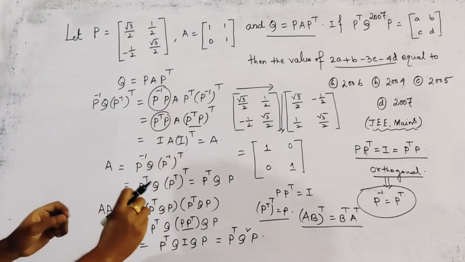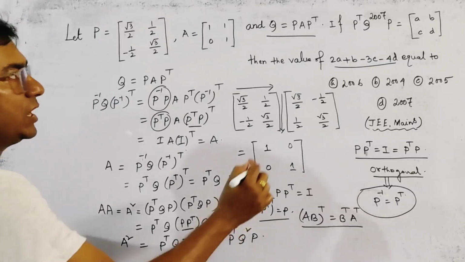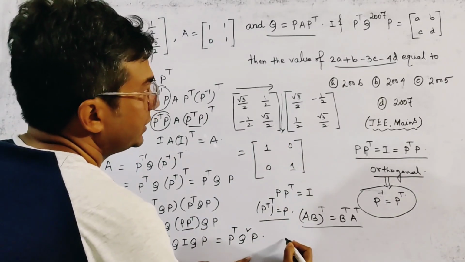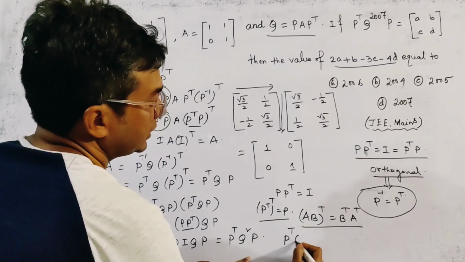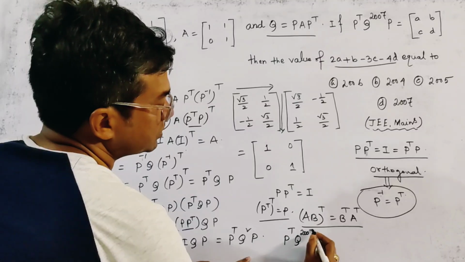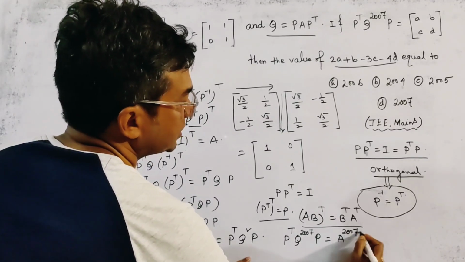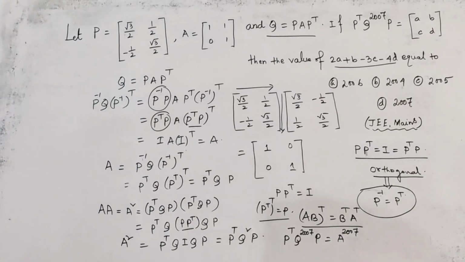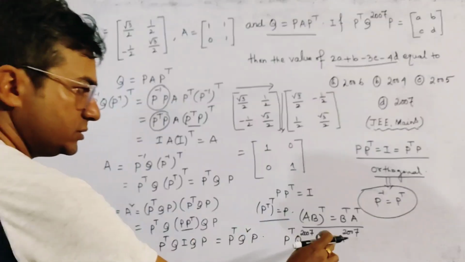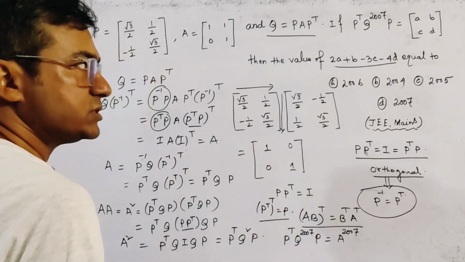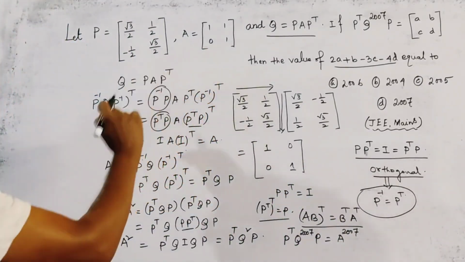By similar argument, we get our result: P transpose Q to the power 2007 into P is A to the power 2007. Right? Now, what is the value of A to the power 2007? Here A is this matrix, 1 1, 0 1.